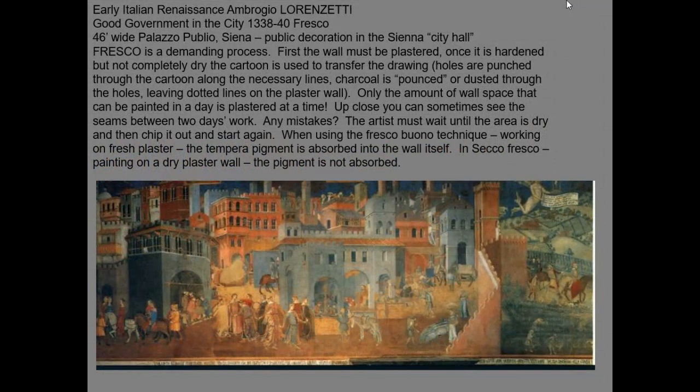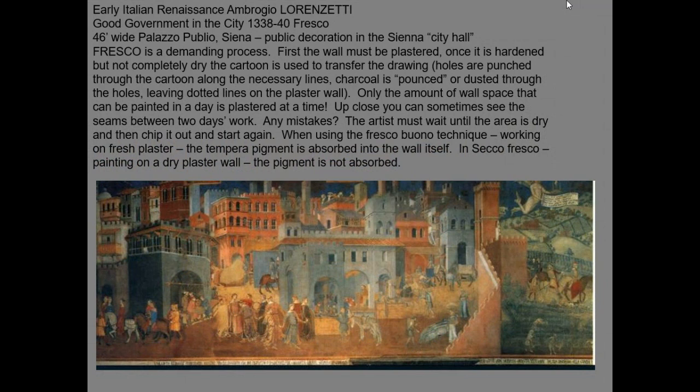The fresco technique can be done in two different ways. The way that the Egyptians used it was to paint directly in tempera paint onto dry plaster surface, and that dry technique is known as fresco secco. Buon fresco, the true technique, comes to us from the Italian tradition, and the idea here is that plaster is applied to a wall, but before it is allowed to completely dry, the artist would paint onto that still somewhat wet plaster.